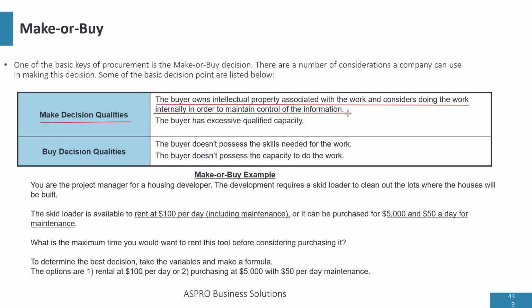If you're an OEM, original equipment manufacturer, you don't want to release your intellectual property, because the moment a contractor has your secret of how you do your things, they can actually improve on it and leave you out of business.